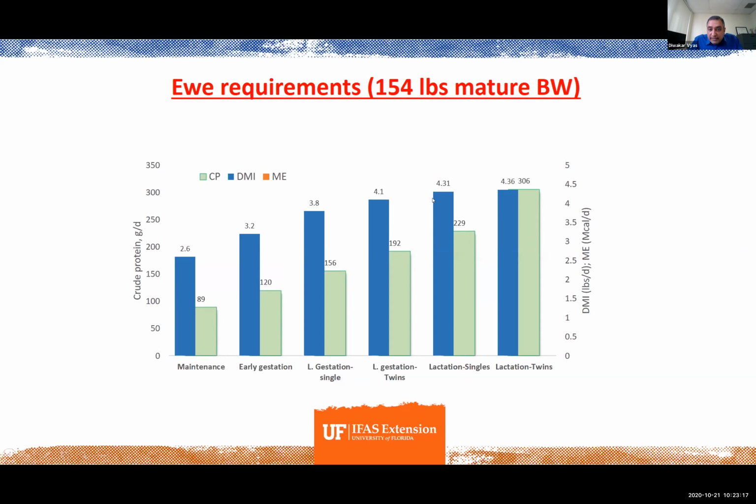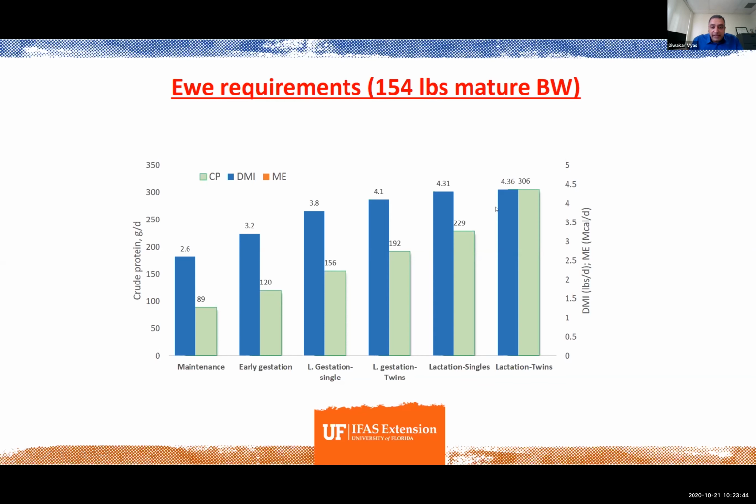But look at this phase here. This is very interesting. At this phase, the requirements are increasing, but animals cannot consume more. For example, in late gestation with twins, she can consume 4.1 pounds of dry matter. In lactation with twins, she can consume 4.36 pounds of dry matter.